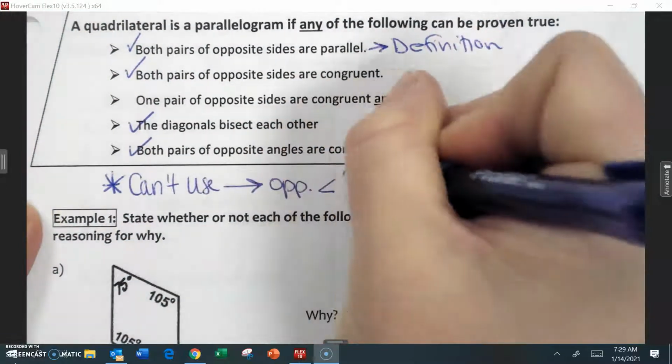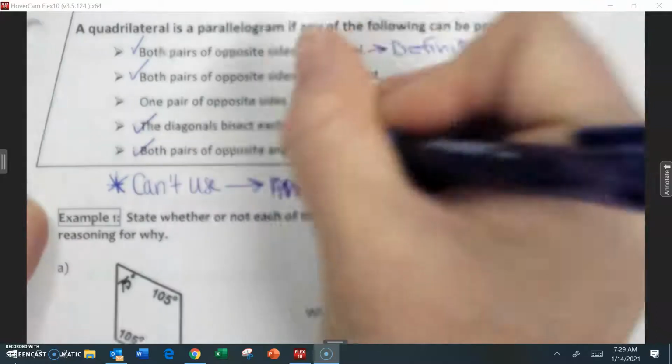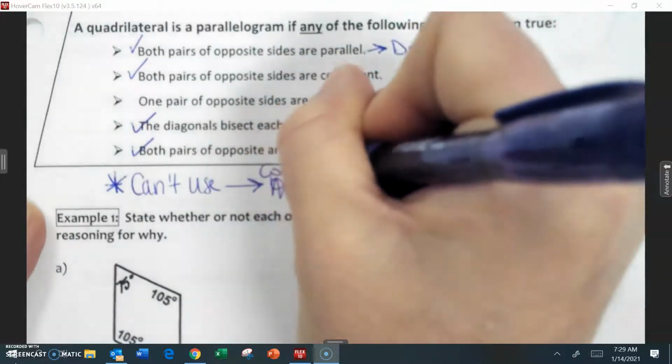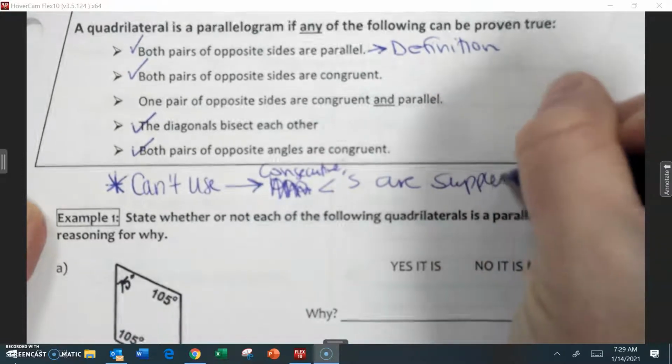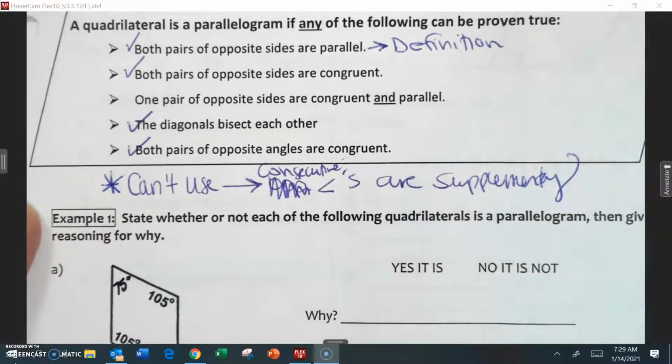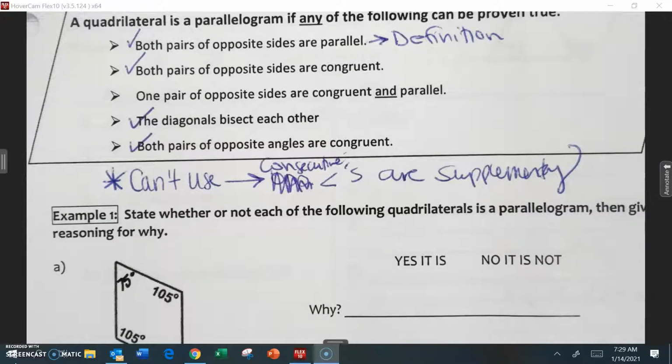that opposite angles, or sorry, let me change that. Consecutive angles. Consecutive angles are supplementary. Is that a property of a parallelogram? Absolutely. But just because you have that, here's why. Doesn't every quadrilateral have 360 degrees inside?